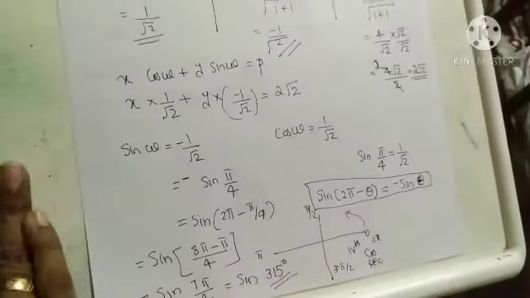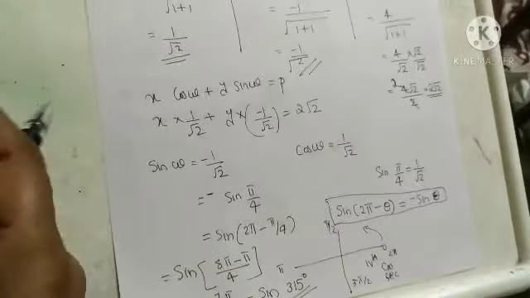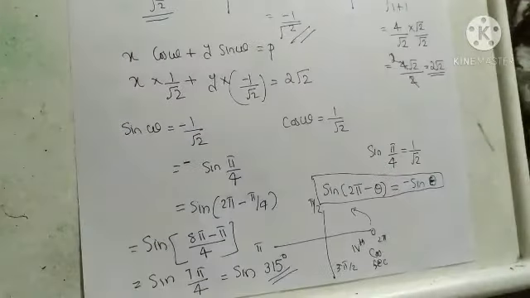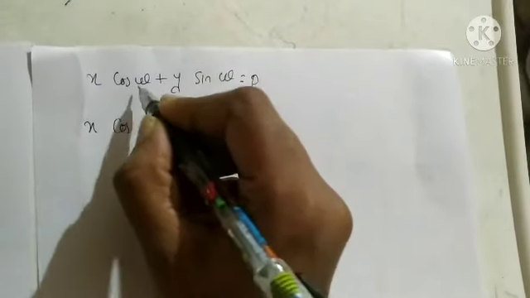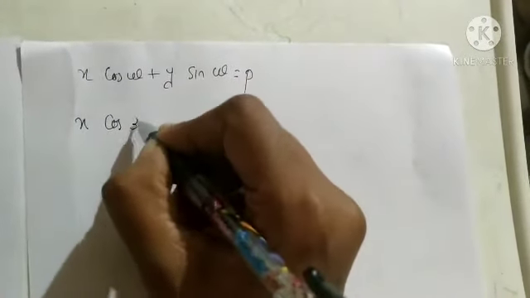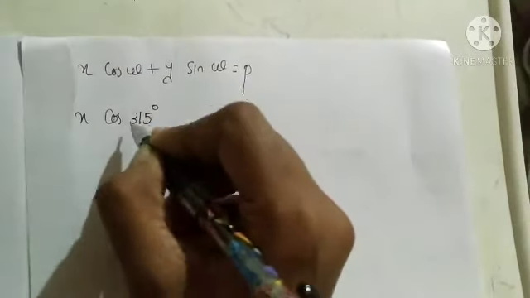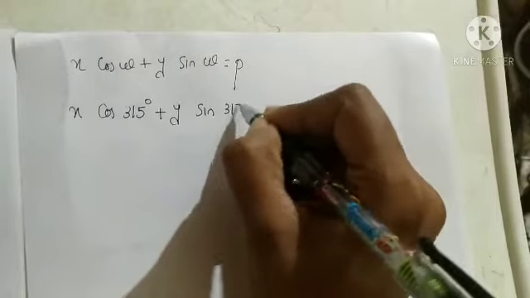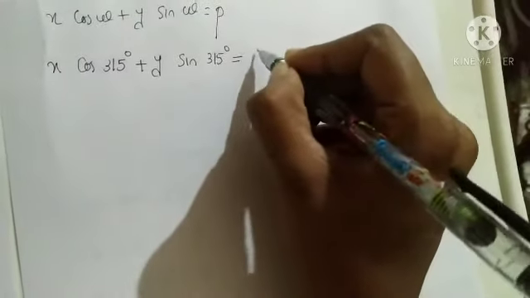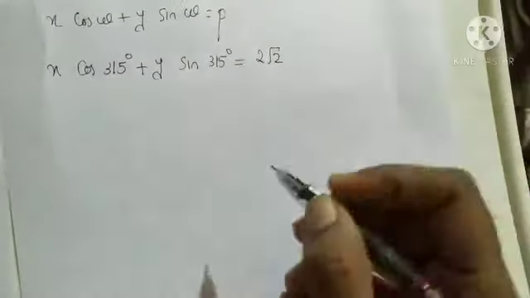So next I am going to write the normal form here. x cos omega plus y sin omega equal to p. So here we get the value of omega as 315 degree. So x cos 315 degree plus y sin 315 degree equal to p, where the value of p is 2 root 2.